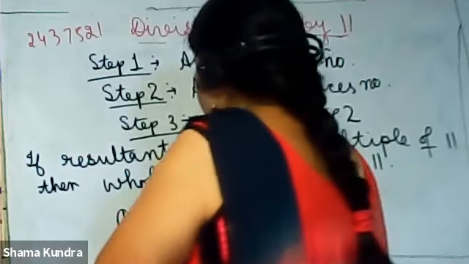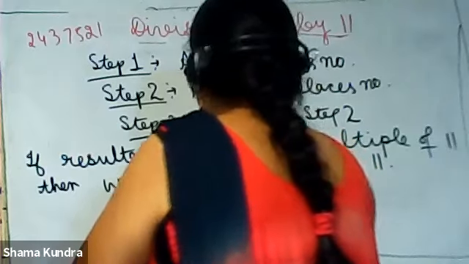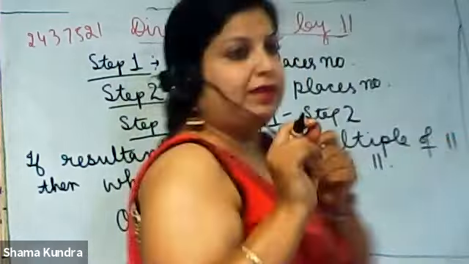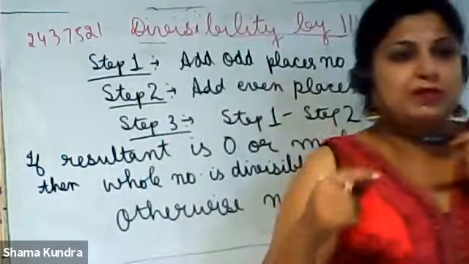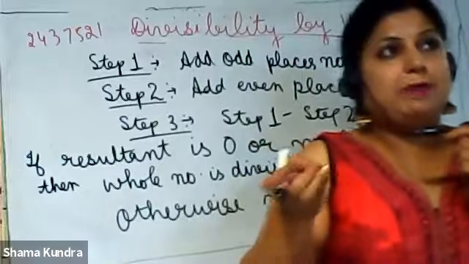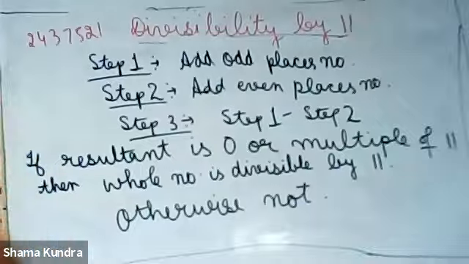Otherwise not. Odd places number means the numbers placed on the first position, third position, fifth position. Even means the numbers placed on the second, fourth, sixth, even positions.